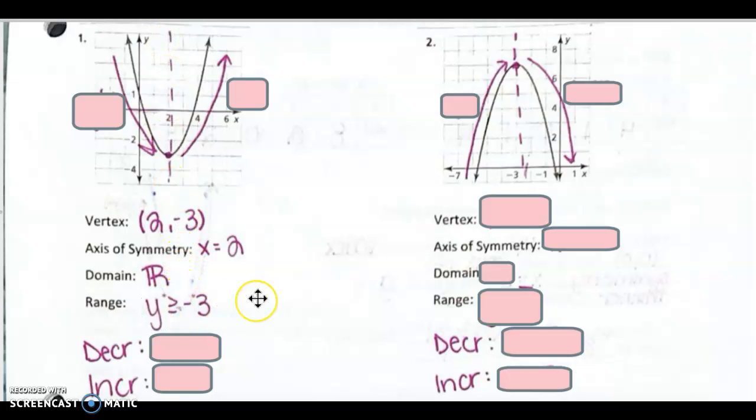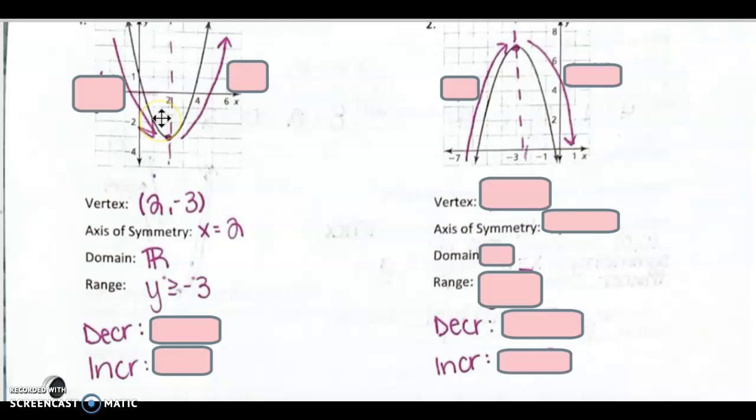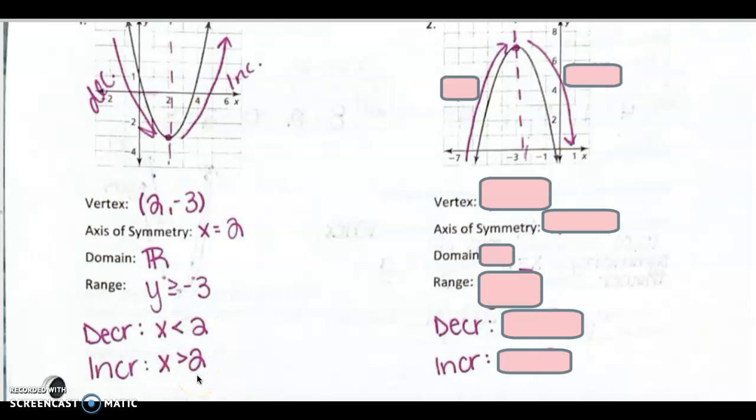So y is greater than or equal to -3. Now we've got to do increasing and decreasing. So from left to right, it starts out decreasing, and then it increases on this side. So remember, we use x values, so we're going to use this 2. It's decreasing when x is less than 2, and it increases when x is greater than 2.